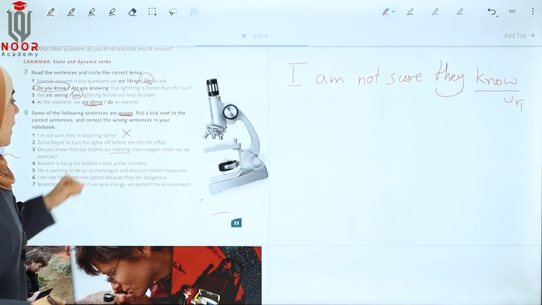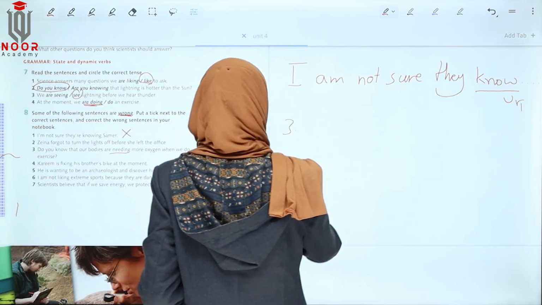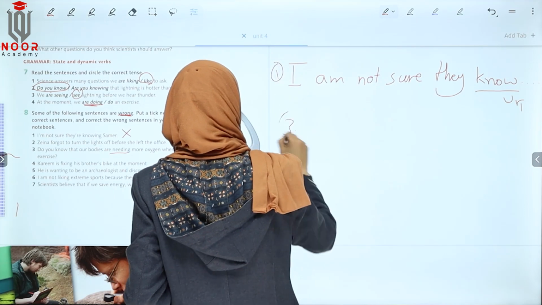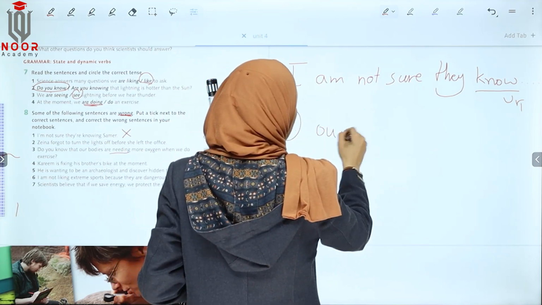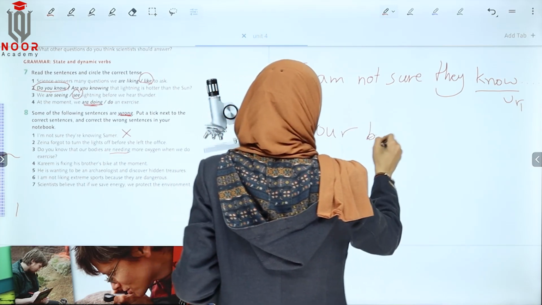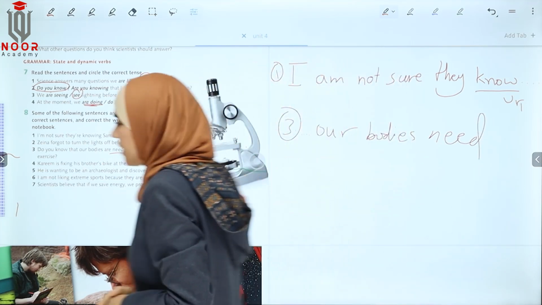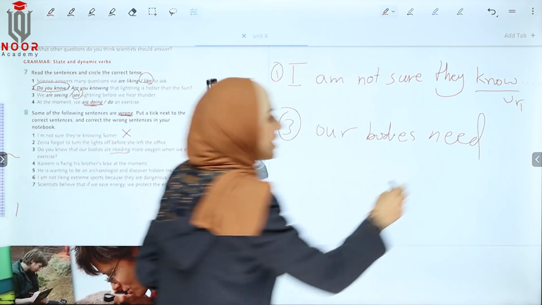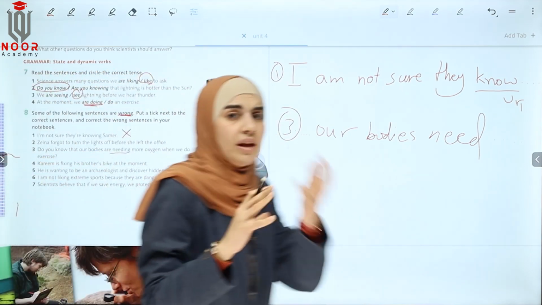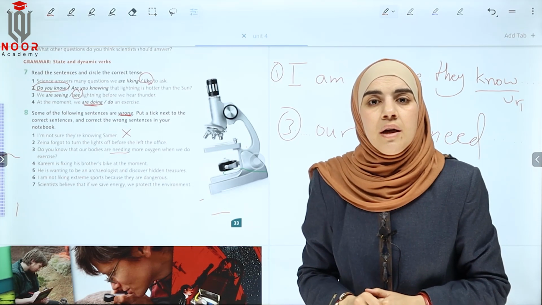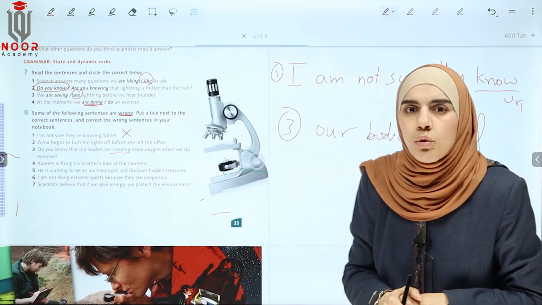So needing, it's impossible here. Number 3: do you know that our bodies need more oxygen? Need more oxygen. طب انتي هنا ما تطلعتي على keywords. Yes, good. خلص need هنا زبطت لي الأمور كلها.